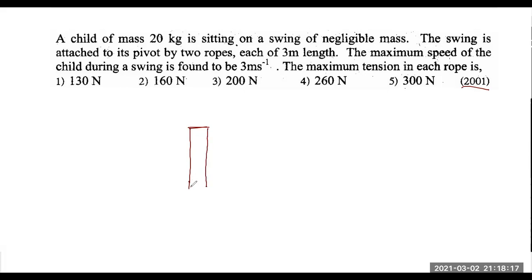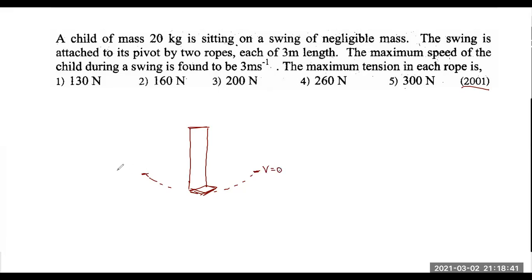So 2 ropes are providing the tension, right? And the swing is going to look like this, and it is going to swing like this. I'm not going to draw the path. And like I said earlier, when the swing is here and here, the velocities will be 0.